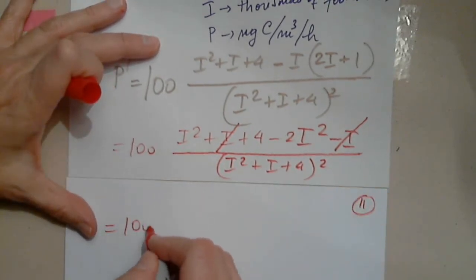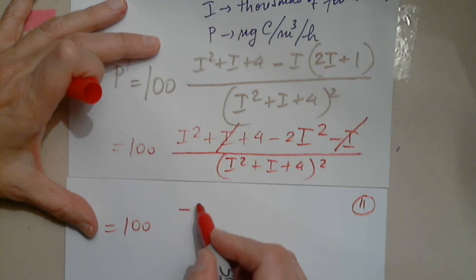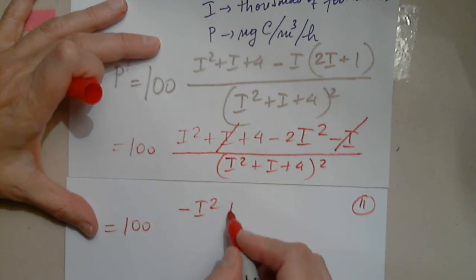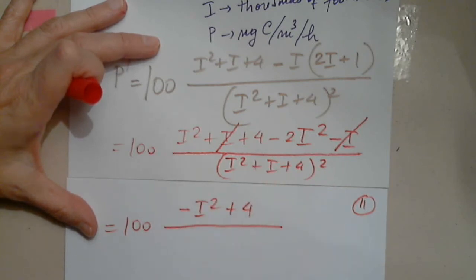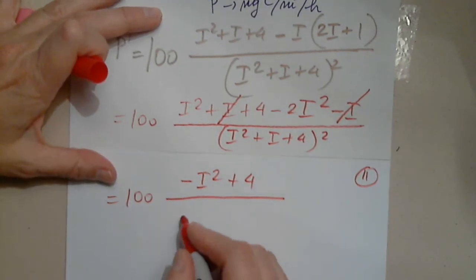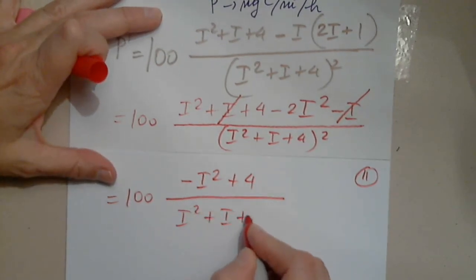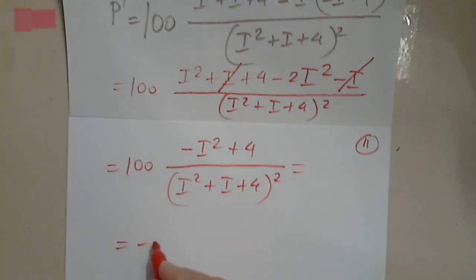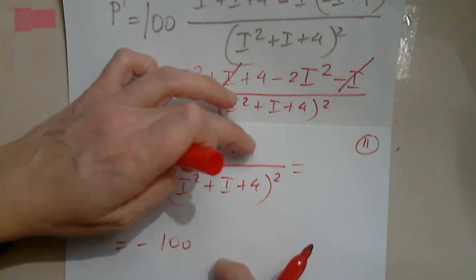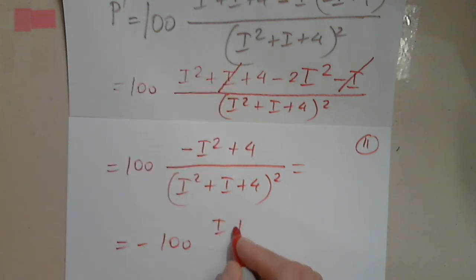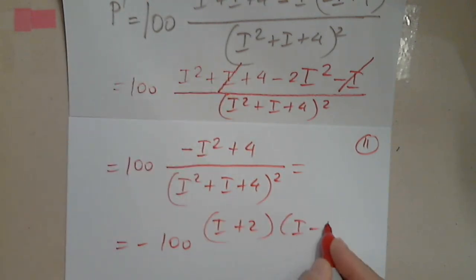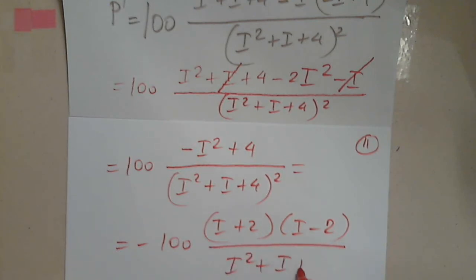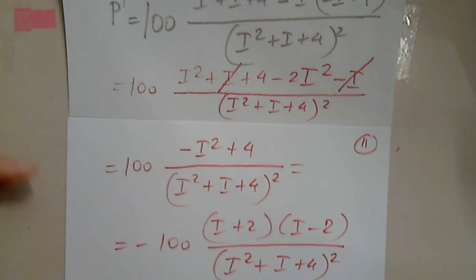We are left with 100 times negative I squared plus 4, over I squared plus I plus 4, everything squared. Yes, you know me, I'm going to factor out negative. And then I have I squared minus 4, which is I plus 2 and I minus 2. This is quite nice.